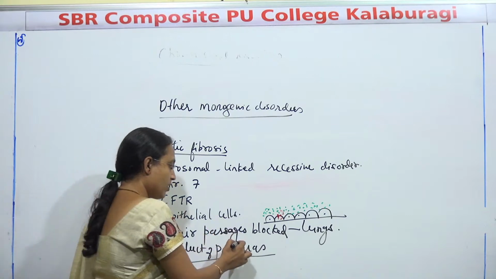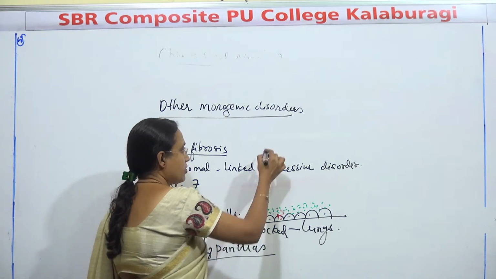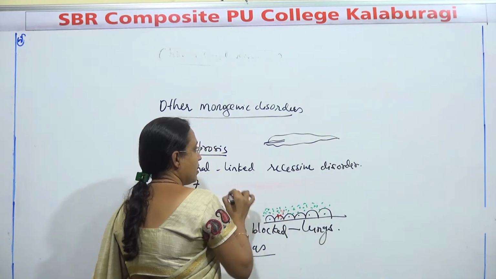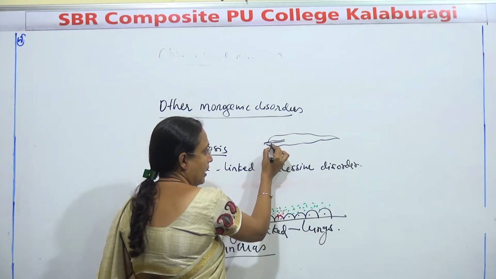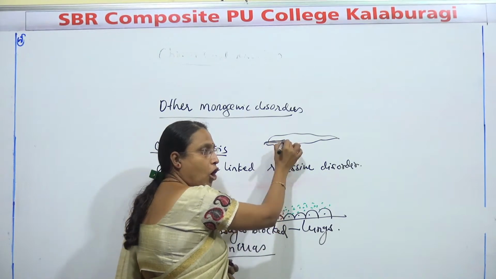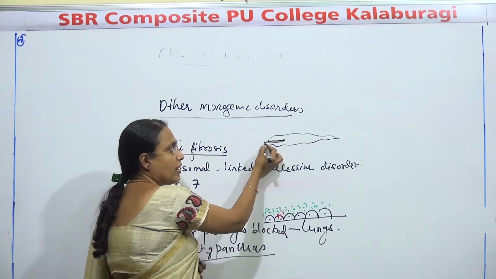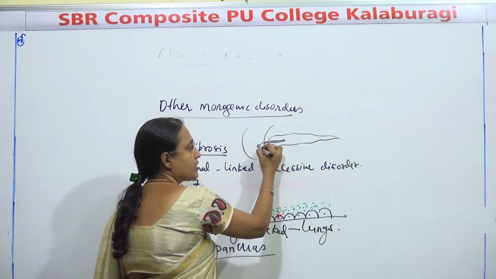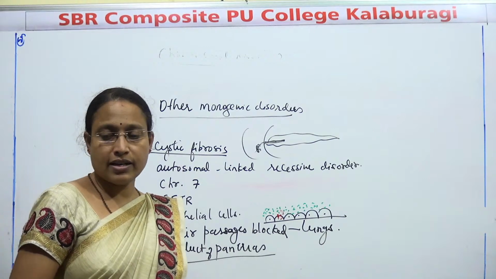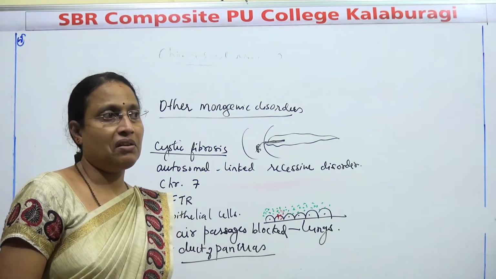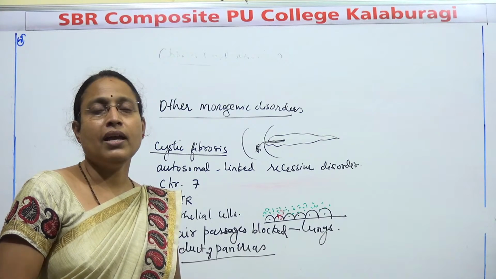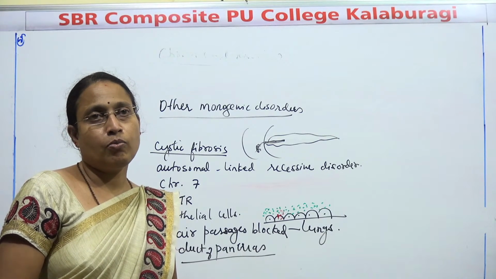What happens here in the duct of the pancreas? So this is the duct and this is the pancreas. Here also there will be epithelial lining. When mucus gets accumulated more and more, this duct will be blocked. When it is blocked, no digestive enzymes can be released into the duodenum. As a result, digestion can be significantly affected, that is, digestion of carbohydrates, proteins, as well as lipids, because of blockage of the pancreatic duct.